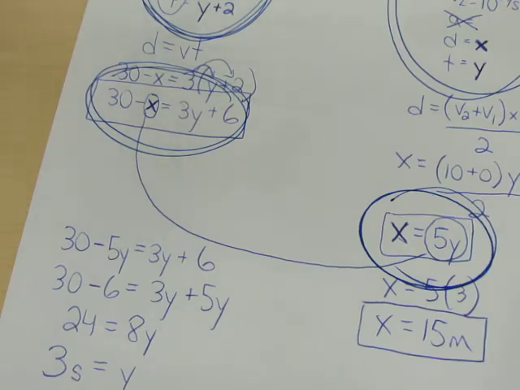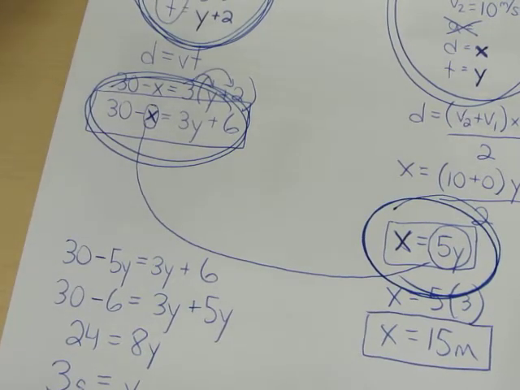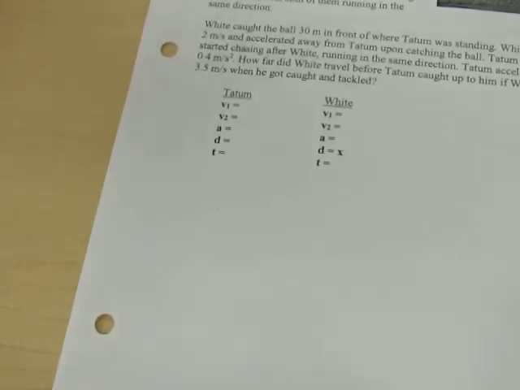There's no guarantee that you're going to have one object traveling at constant speed and one object accelerating. However, if you have to use two acceleration formulas, once you substitute in your givens, you're still only going to have two equations, two unknowns, and it's always completely solvable.